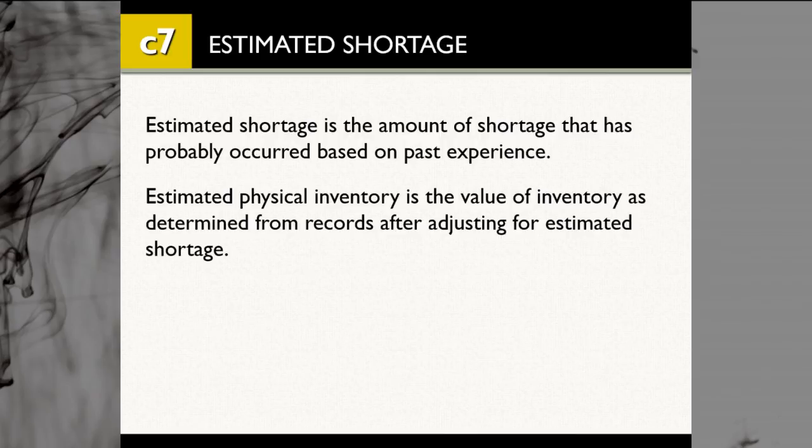The estimated physical inventory can also be calculated if you know the estimated shortage, because that is the value of inventory as determined from the records after adjusting for estimated shortage. That's going to be your book inventory minus your estimated shortage.